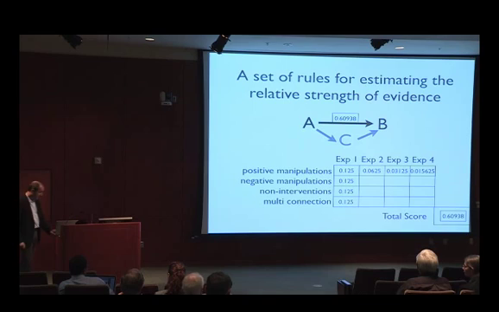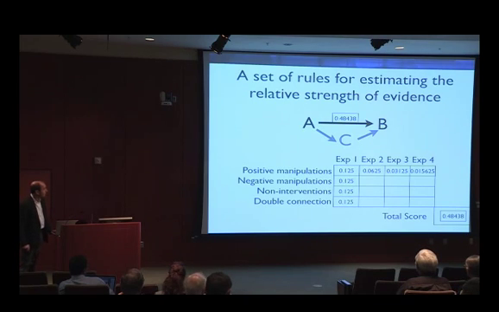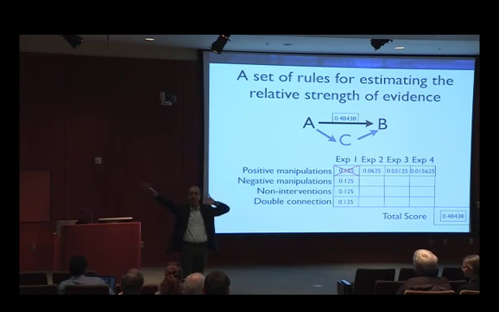Now, of course, if you have the opposite, if you find out that actually a positive manipulation gives you a conflicting result, that there is no connection there, you do a positive manipulation of A, nothing happens to B, well, that's the beginning of an alternative hypothesis, that A is not connected to B, because you manipulated A, nothing happened to B, so you simply take away the weight that prior experiments provided for how A is connected to B.